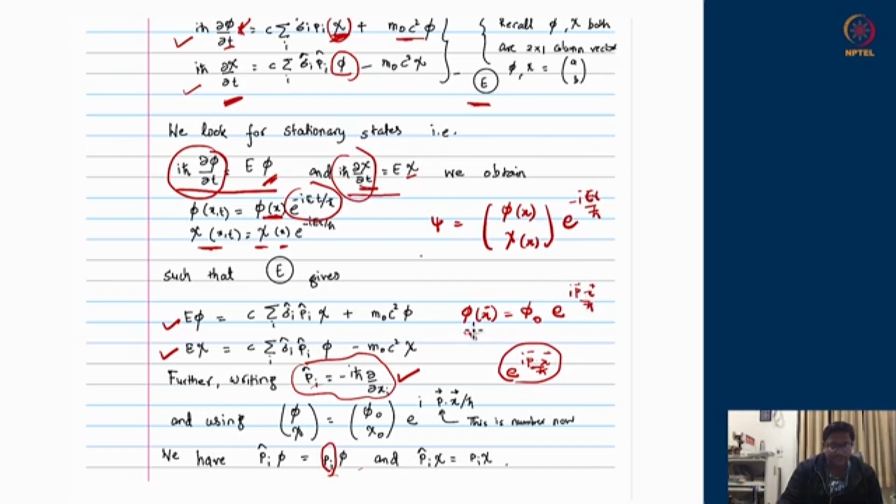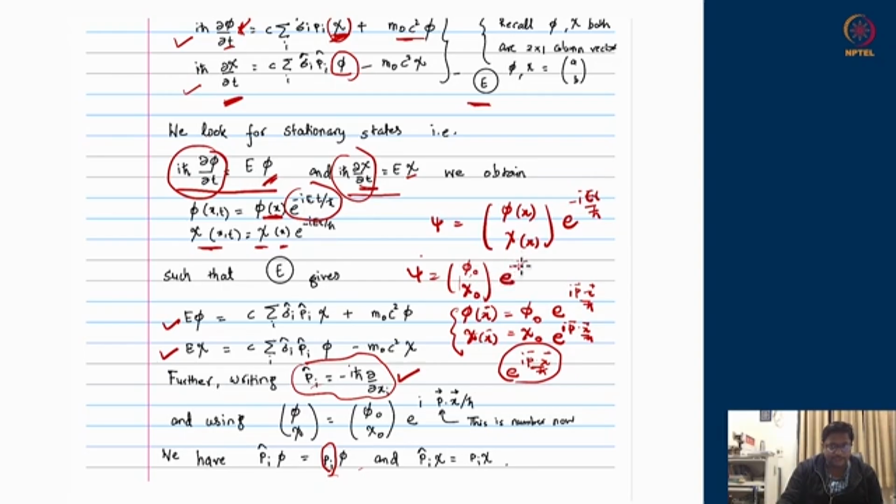And similarly, chi of x will be a constant chi naught times e to the power i p dot x upon h bar. So therefore, this phi x and chi x can be written in terms of this function, and therefore psi will become a constant doublet phi naught and a constant doublet chi naught. This cannot depend on time as well as space, so this is a full constant of space time.